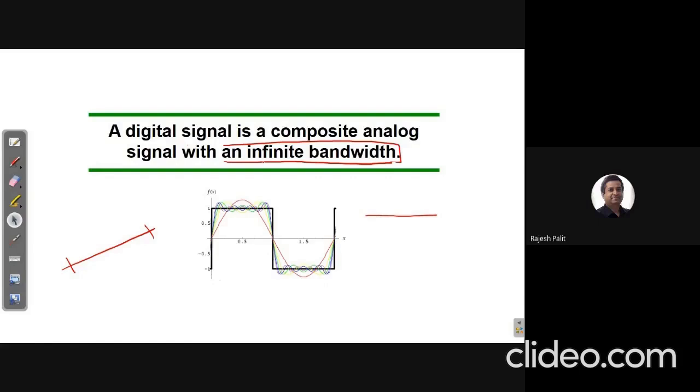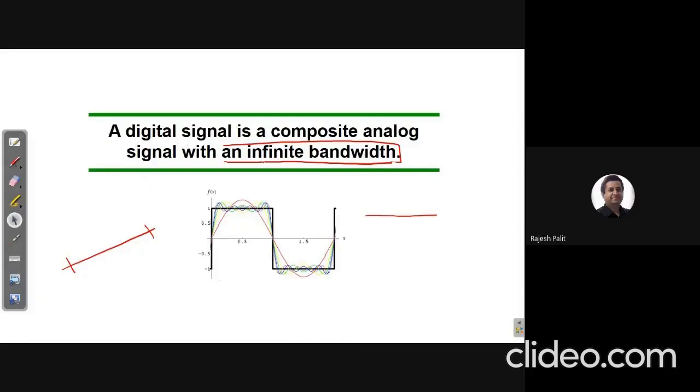Second thing is, since it is non-periodic, if we decompose it, we get a continuous mixture of continuous frequency sine waves. The third thing is, depending on the data rate or the bit rate we are transmitting, high data rate will require infinite bandwidth.